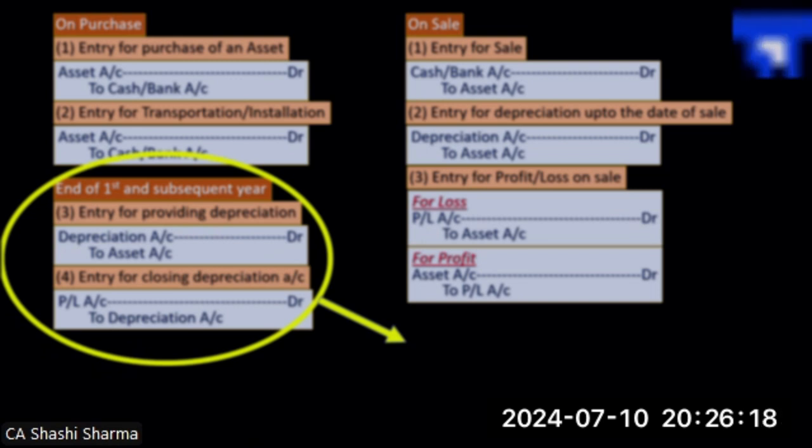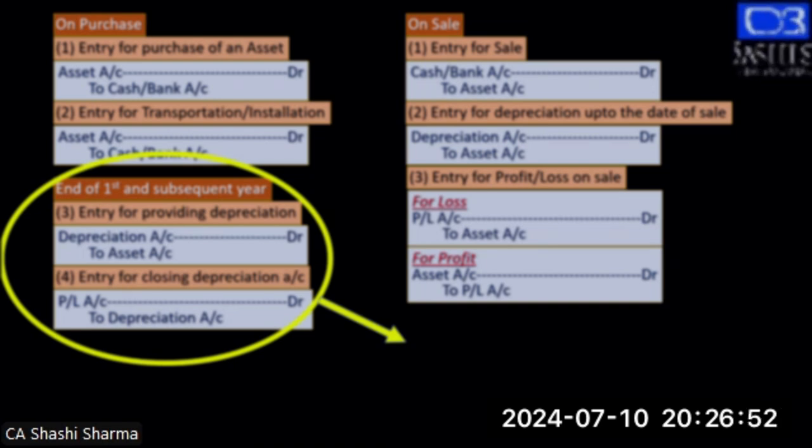But there is another method of accounting for depreciation. Here at this stage, I am not talking about the method of calculation of the amount of depreciation. I am talking about the method of accounting, the method of passing entries for depreciation. The methods of calculation of depreciation are different.